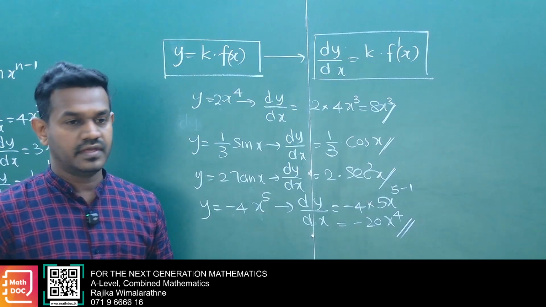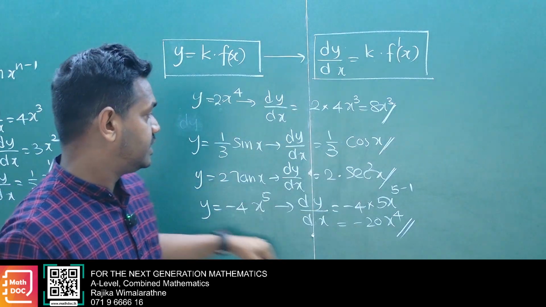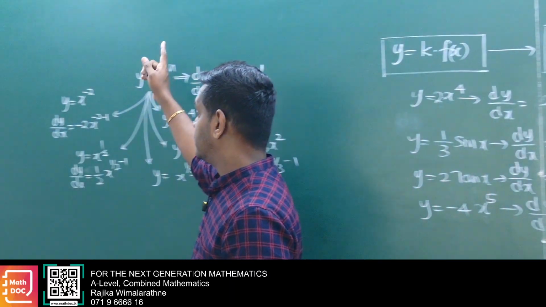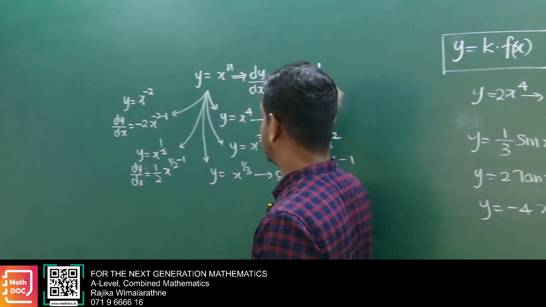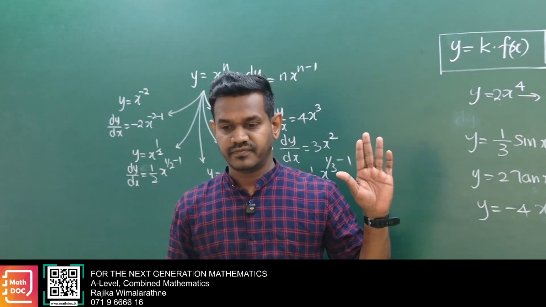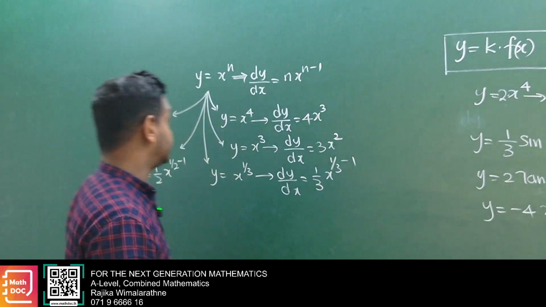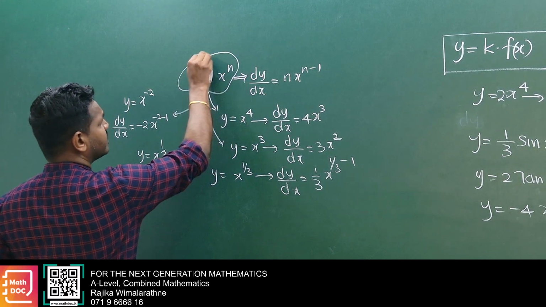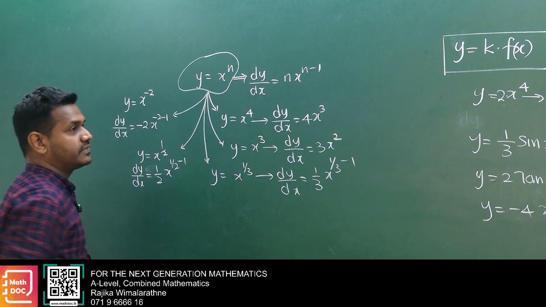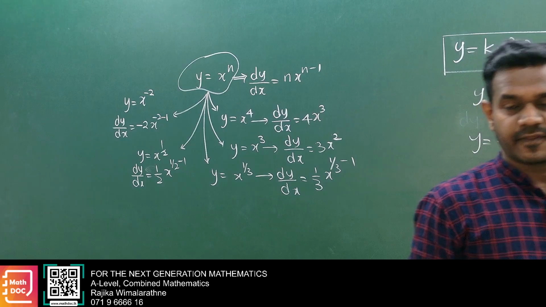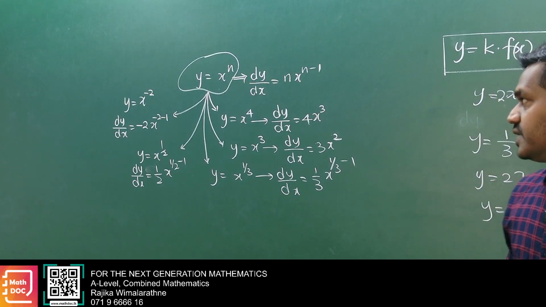Then you need to write these examples, but before that, you better write this one first: direct derivative like x to the power n type. Y equals x to the power n type derivative.